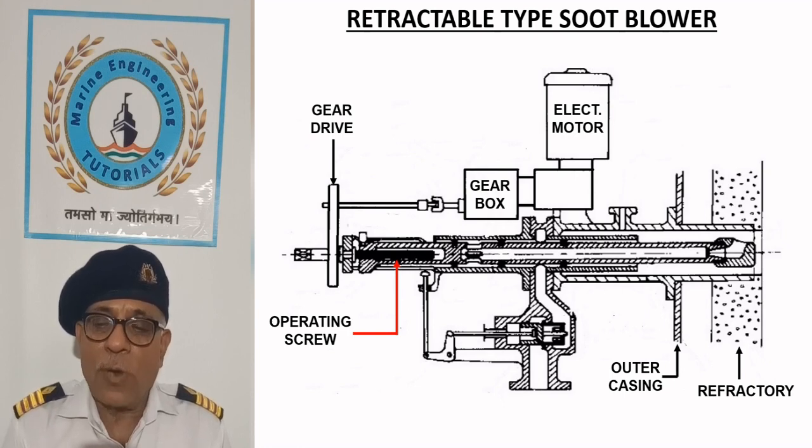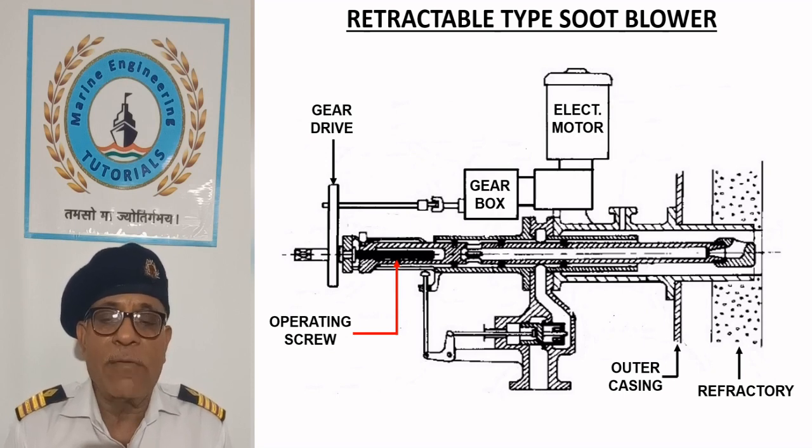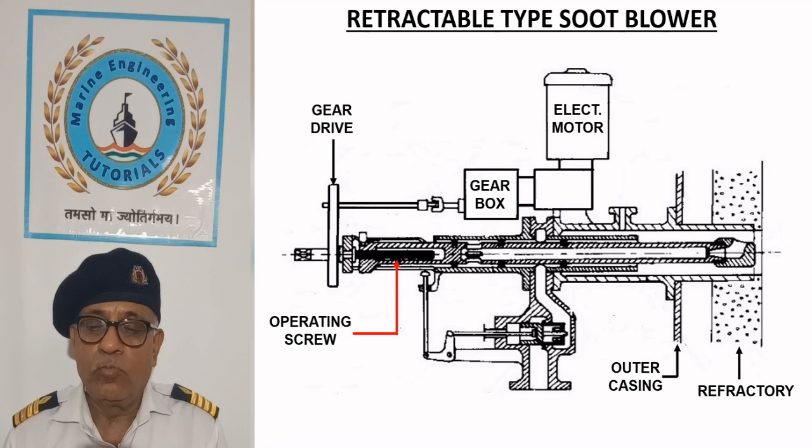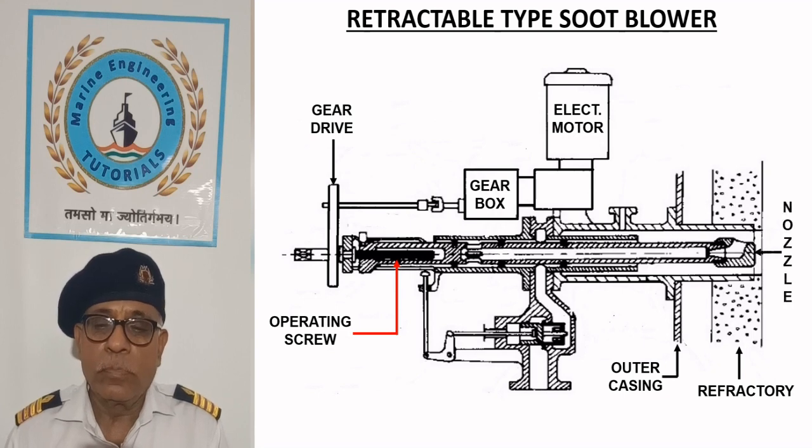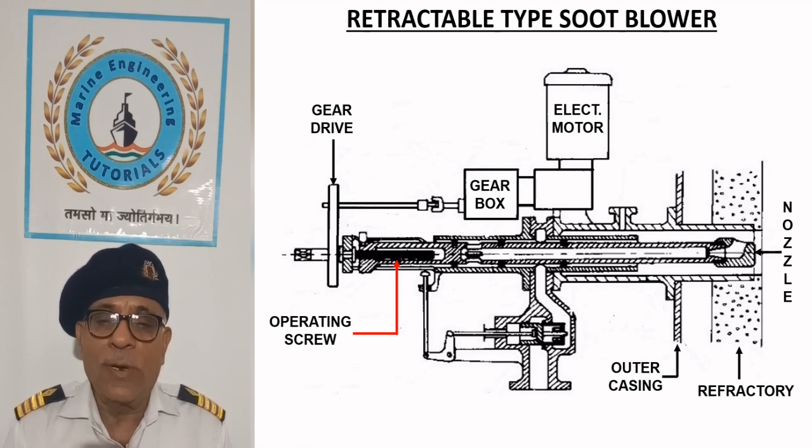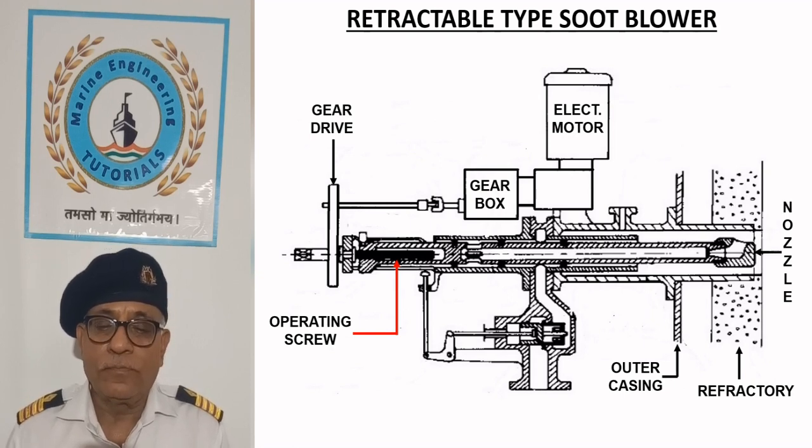When the electric motor starts, it turns the operating screw through the gear drive. Rotation of the operating screw moves the nozzle outwards in the furnace or heat exchanger.